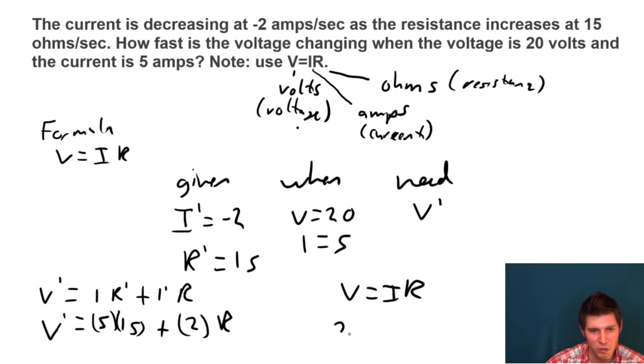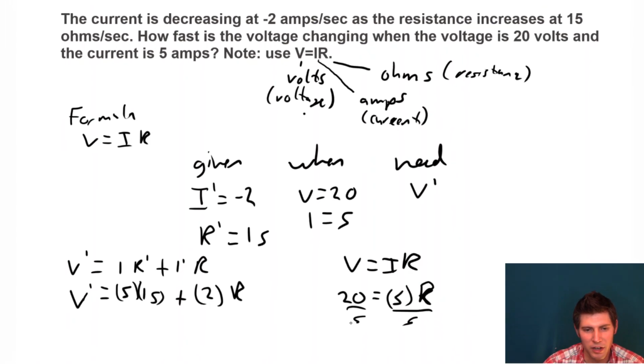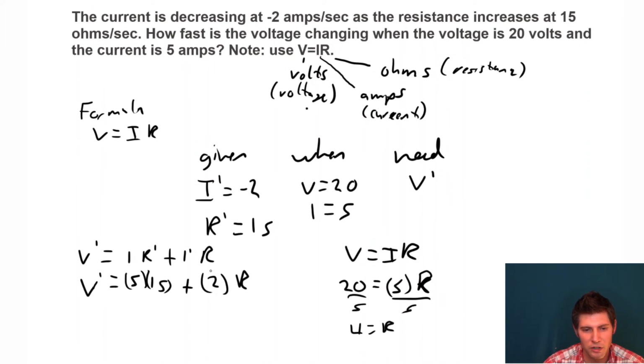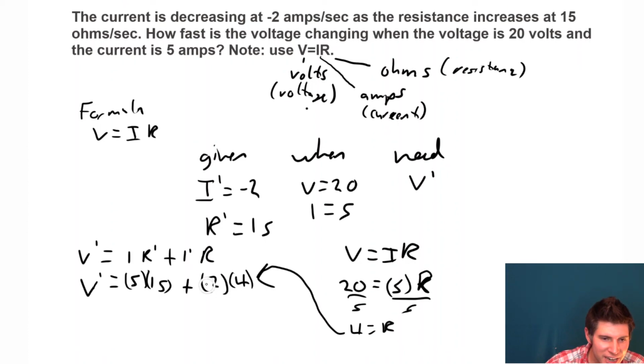So the V is 20, the I is 5, so we have to solve for R. Divide both sides by 5, 4 equals R. So now we can plug in 4 for this R. And this I prime was -2.